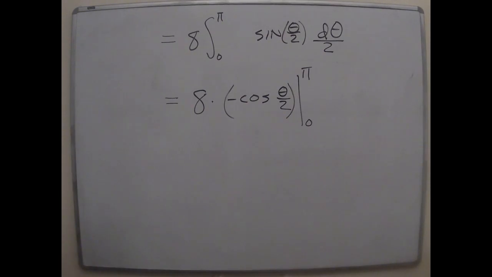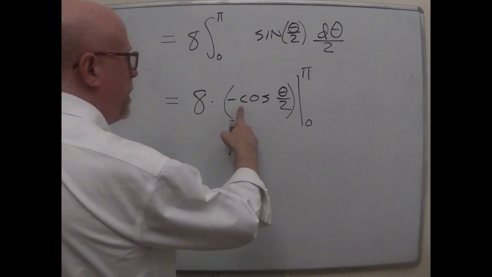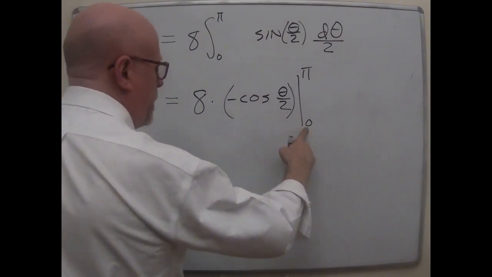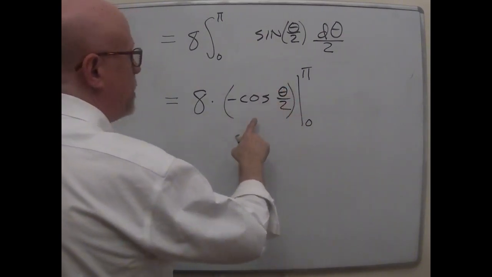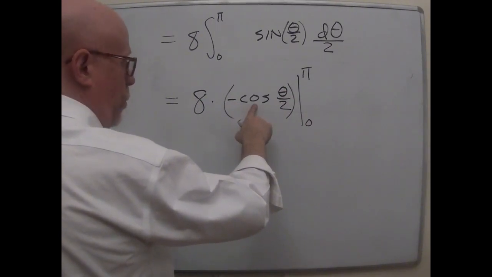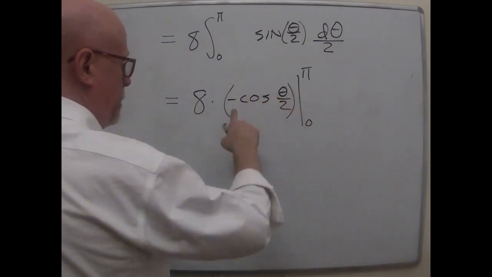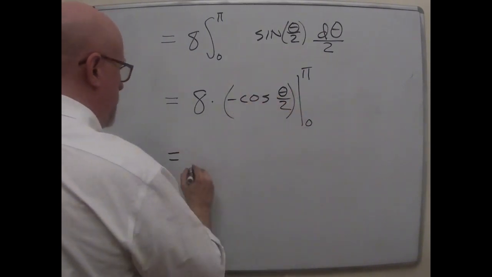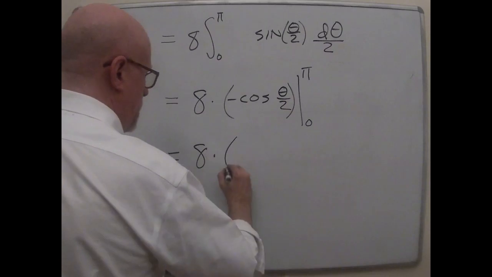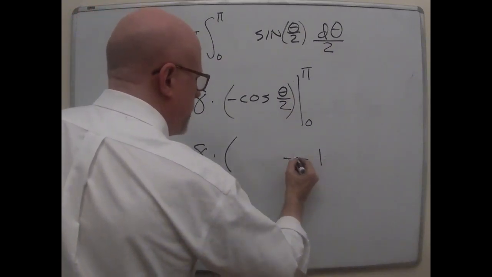Hopefully, I'm worried about that minus sign, but let's see what happens. When theta is 0, theta over 2 is still 0, and the cosine of 0 is 1, and so this is a minus 1 here at the lower limit. Minus 1, right?